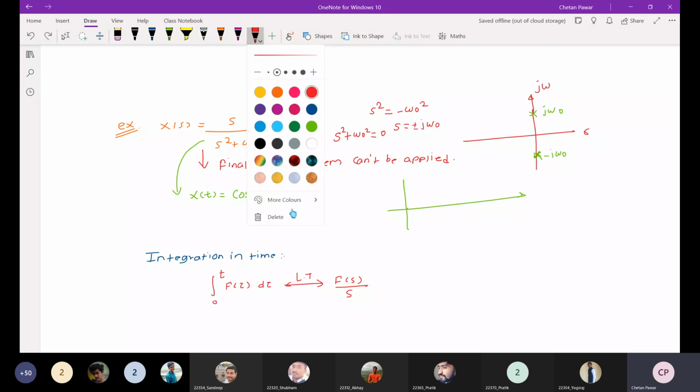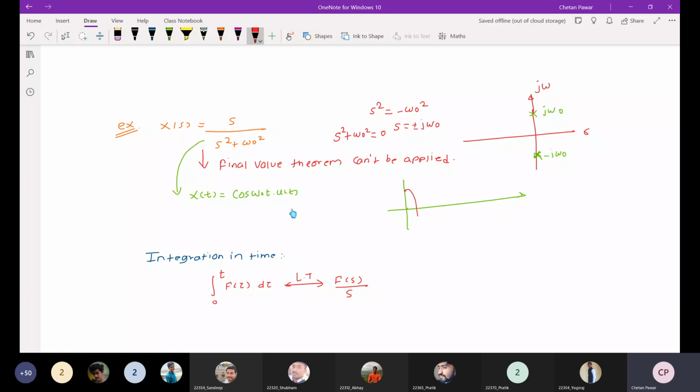As t tends to infinity, the signal amplitude will lie between plus 1 and minus 1 only, right?